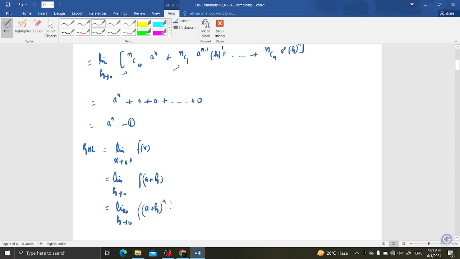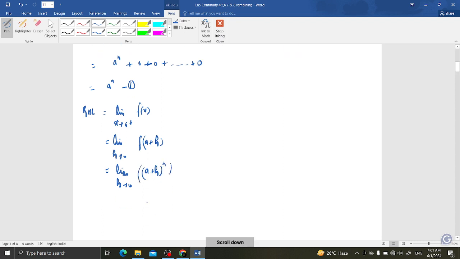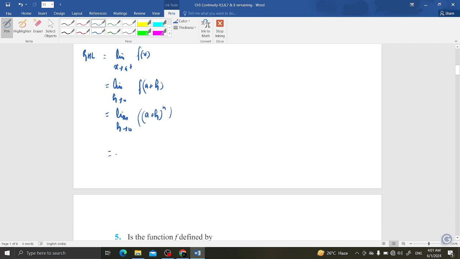Again we can expand by the binomial theorem, and again we get a raised to the power n. So here the RHL is also this one.